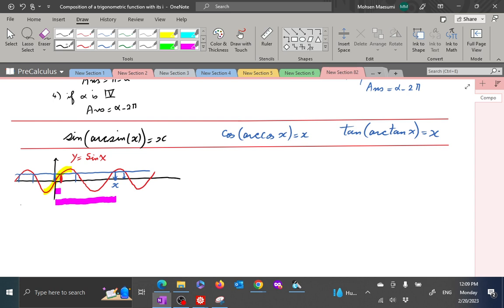How about cosine? For cosine we have a picture like this. The graph of cosine looks like this type of a wave. Let me improve my drawing.